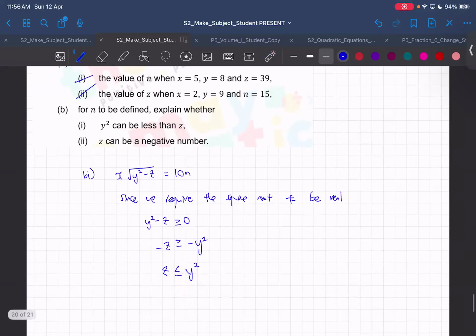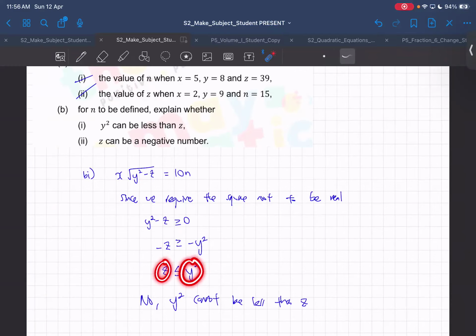So you say no, y squared cannot be less than z, because from this you realize that z is less than y squared, or you can say y squared is more than z. So this is contradicting the question really. Y squared is less than z? No, y squared should be more than z, in this direction.